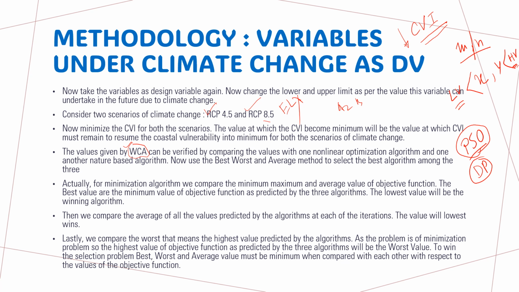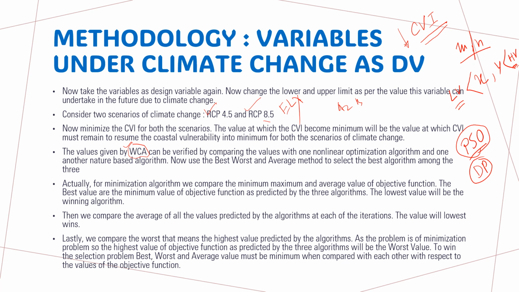Because I have chosen a representative from meta-heuristic and a representative from non-linear algorithms. We must validate these WCA results by comparing the same results with another meta-heuristic and a nonlinear model, such that if all three say that yes, this is this, then we can say that our result is validated.